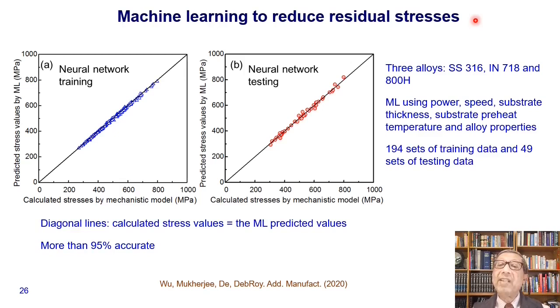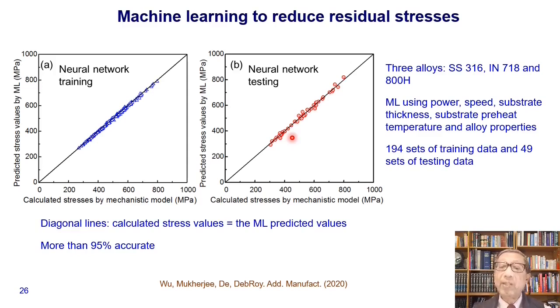And we take 194 sets of data to train our neural network. And then having trained it, we test it using 49 sets of testing data. And what we find is that the neural network can actually predict the calculated stress values.